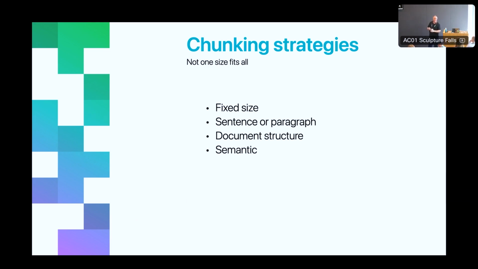What we can do is break it up in a number of different ways. We can break things up by fixed size, say chunks of 100 characters. We can do it by sentence or paragraph. We can look at document structure. So if we've got a markdown document that is structured with headers and subheaders, you can break things up that way, and that gives you a pretty reasonable method.